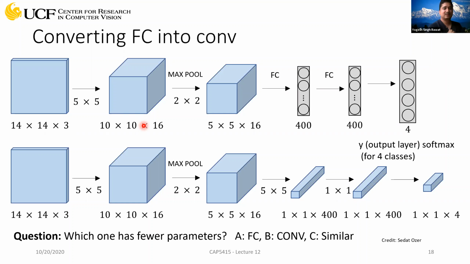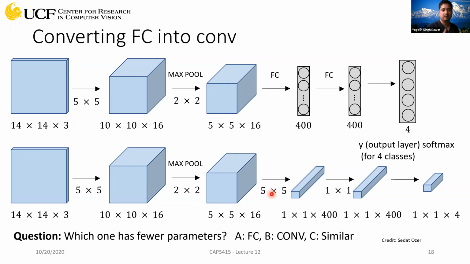Thomas is asking, isn't there 25 parameters for each of the 400 neurons for the conv? So it's not 25, right? 25 is just the spatial dimension, but remember we have to cover the whole depth.